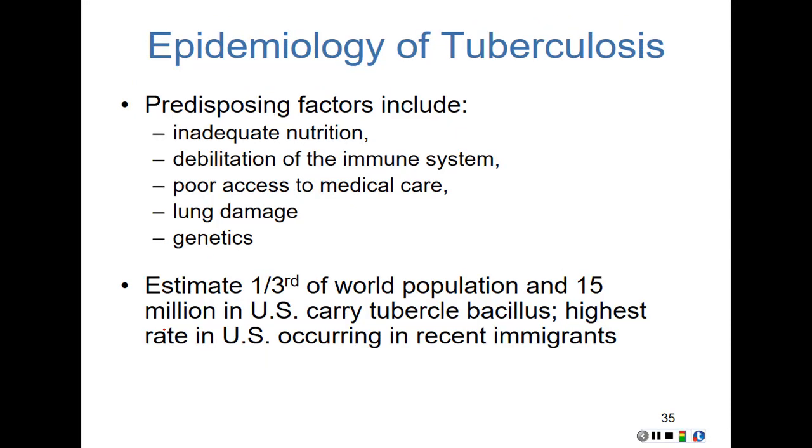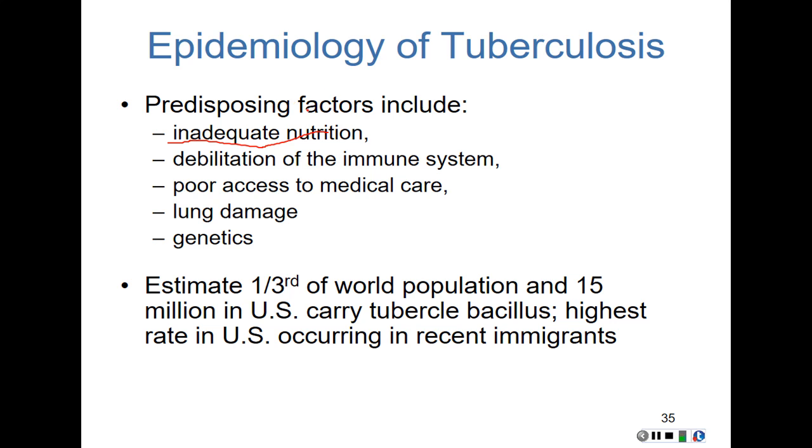All right, so tuberculosis is, like I said before, the number one disease in the world by a single pathogen. We learned about that in Unit 1, but not so much in this country. And the reason for this is related to nutrition.